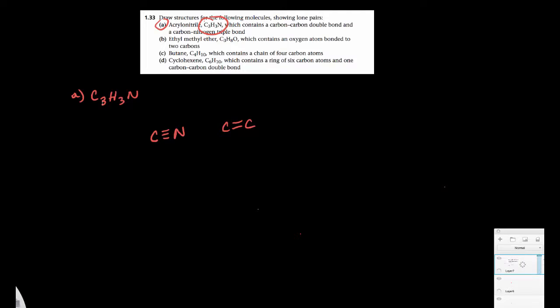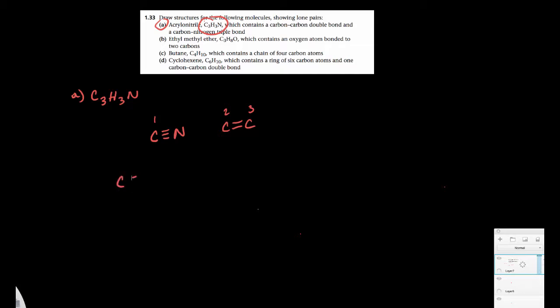So we can just look at this and figure out, based on valence rules, how these things might be put together. So there are 3 carbon atoms, and let's just number them 1, 2, and 3 here. So let's put these together in a way that makes sense. Let's make a bond between carbon 2 and carbon 1, or carbon 3.